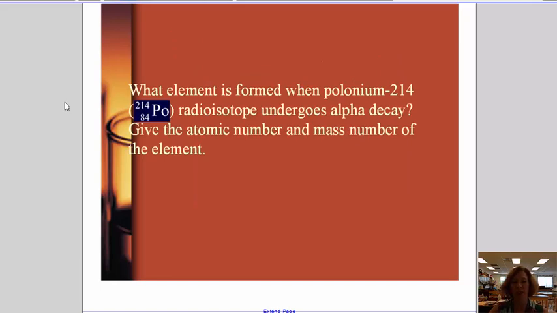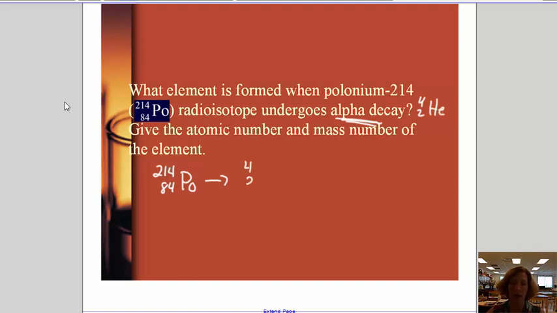So you may see a question that looks like this: what element is formed when polonium-214 undergoes alpha decay? We want atomic number and mass number for the element. So you start the same way we were just writing those symbols, with your polonium. Now if it's alpha decay, that means that you have your alpha particle, that helium nucleus.